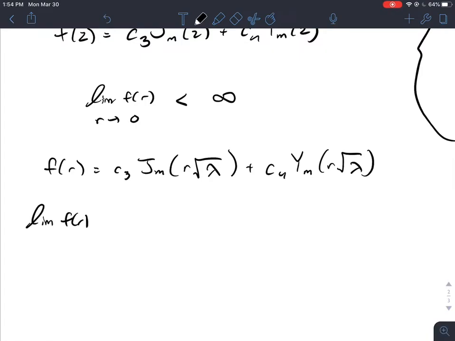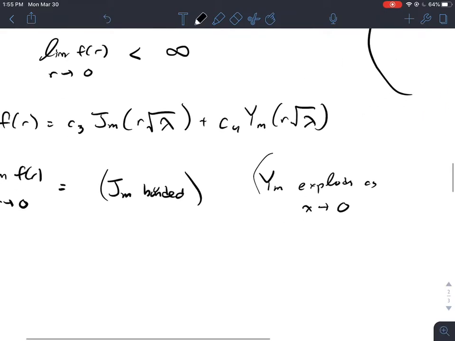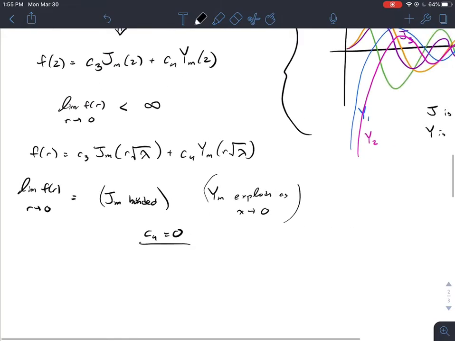We take the limit of this f of r as r approaches 0. J_m is bounded as r approaches 0. However, Y_m explodes. So therefore, we need to let c4 be equal to 0 in order to satisfy the boundedness condition.